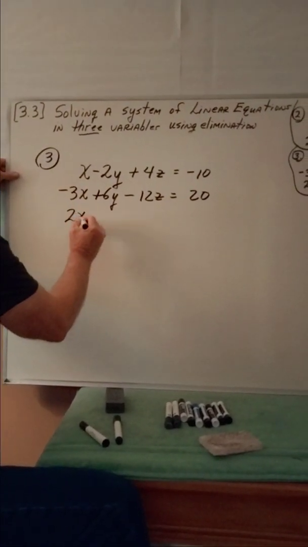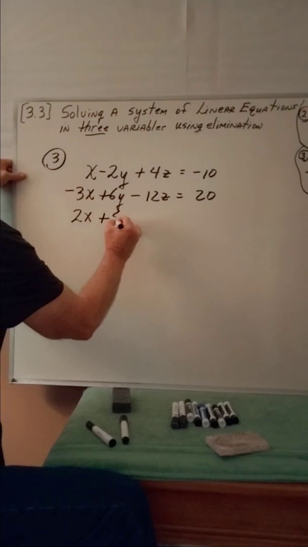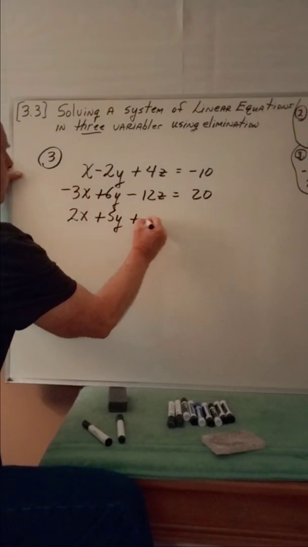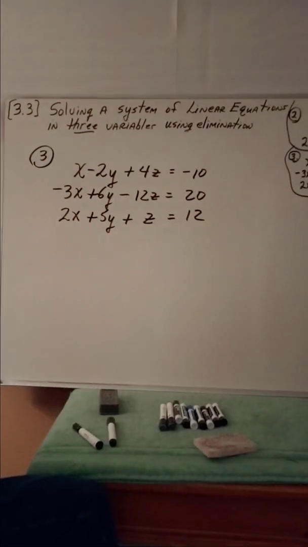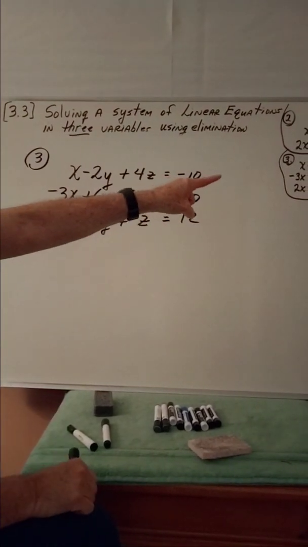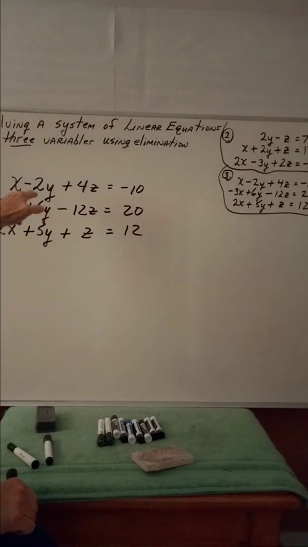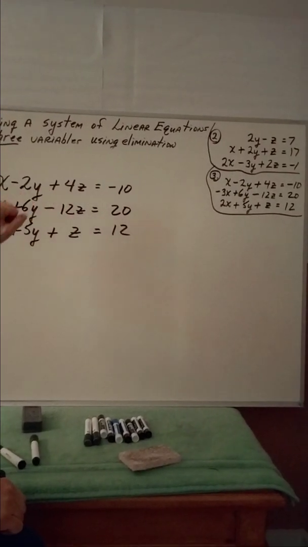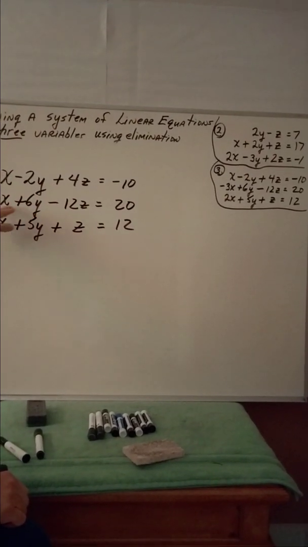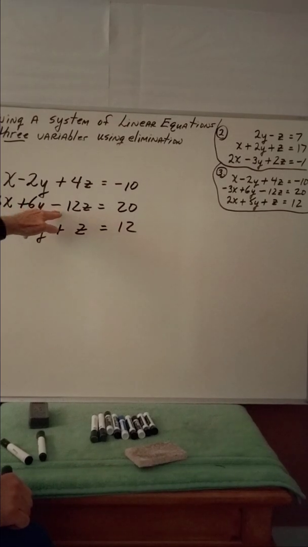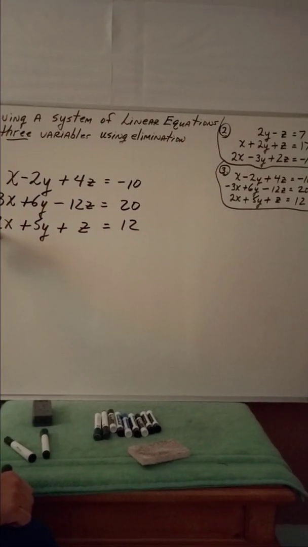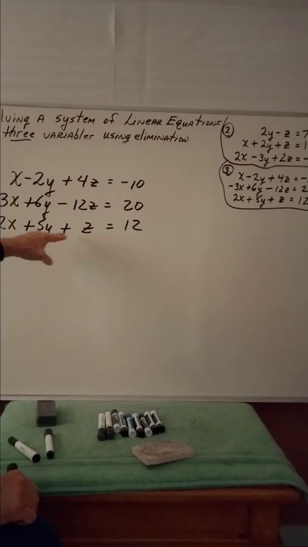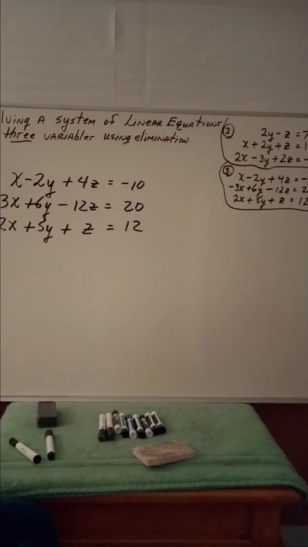And 2x + 5y + z = 12. Just want to double check it with number 3. x - 2y + 4z = -10. -3x + 6y - 12z = 20. 2x + 5y + z = 12.